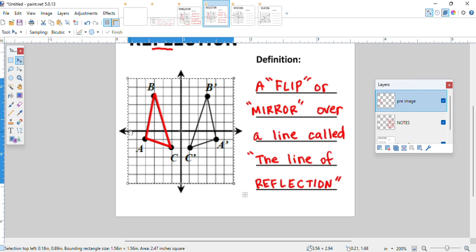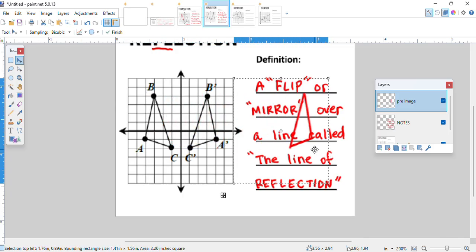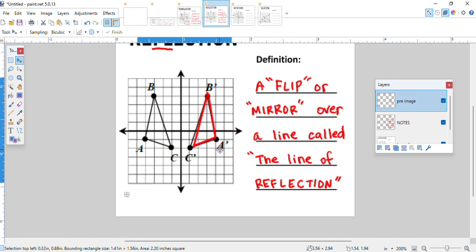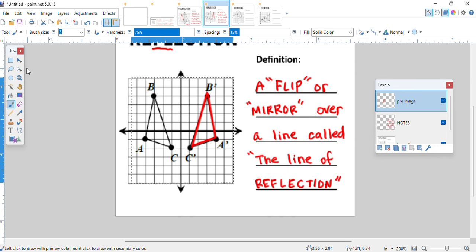So if I were to flip it over, it would go over the line of reflection, which digitally is not in the right spot. But you can see that once I flip it over, it has just changed its orientation, which way it's facing. They look almost like they're in the same location overall, but something has changed here. We still have the same shape though. So this is a rigid transformation.